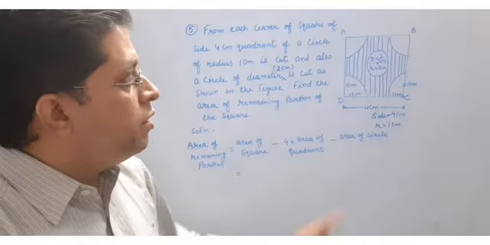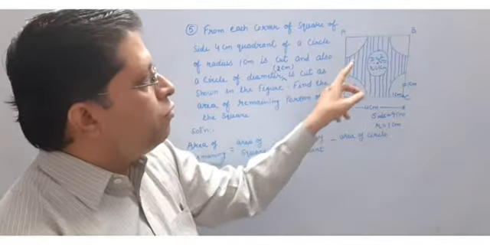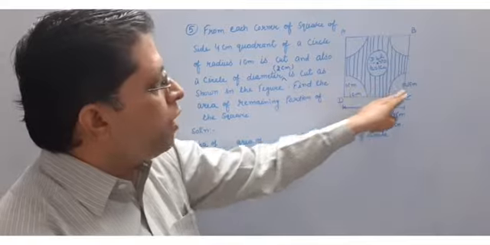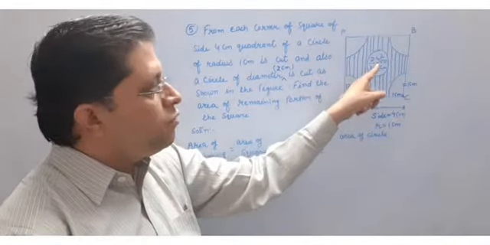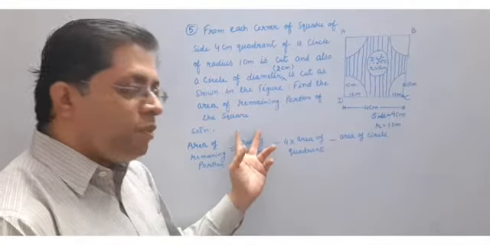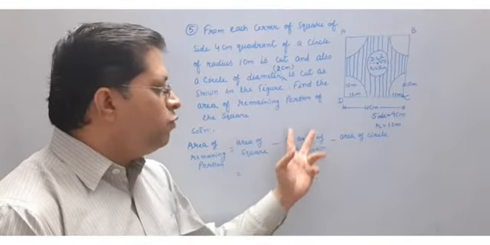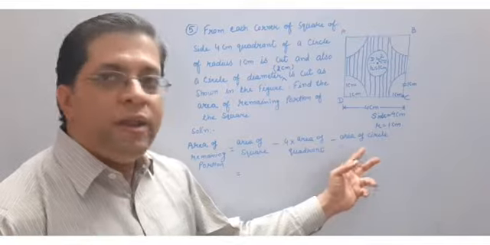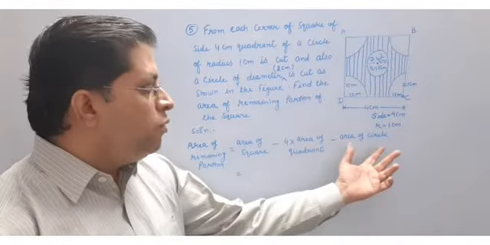What will be the remaining part of the square? Two things are cut. One is the fourth part, this quadrant, and this is one circle. So what is the remaining area? Area of square minus 4 into area of quadrant minus area of circle.